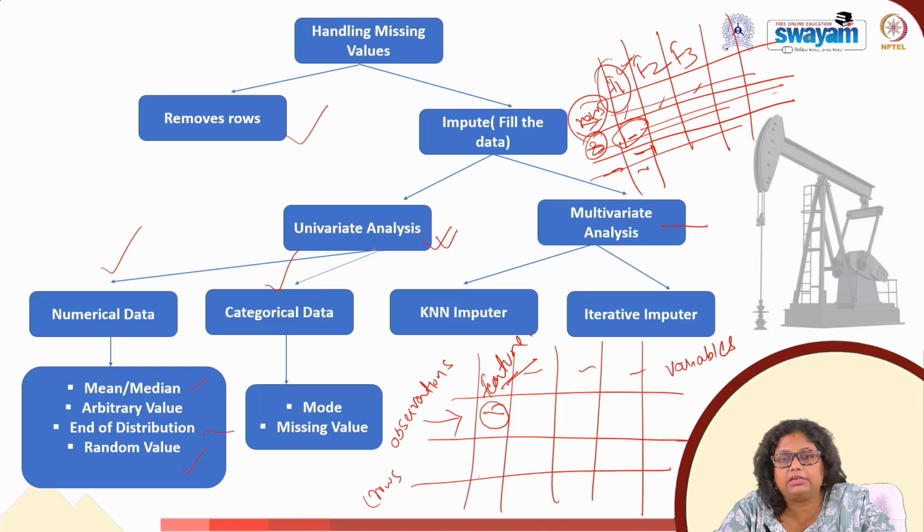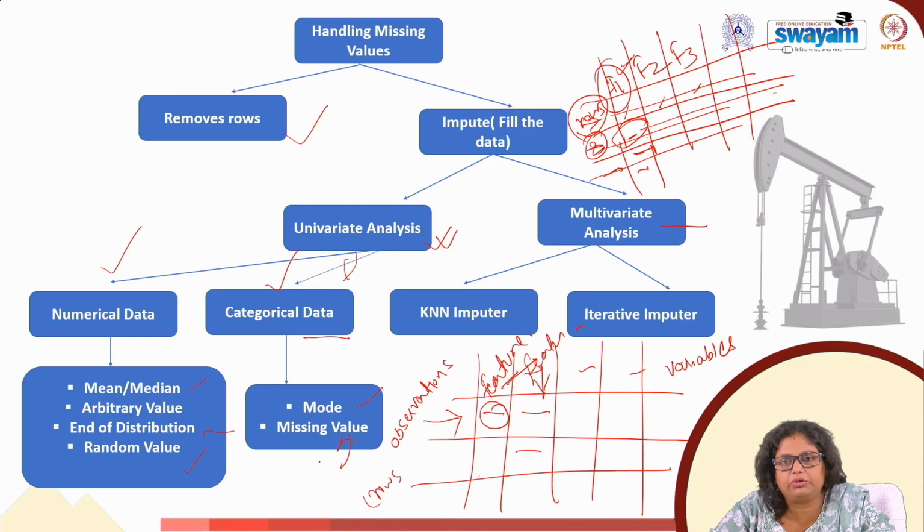The other data type under univariate is categorical data. If feature 2, the next feature, is categorical in type and has some missing values in the column, we can replace them with the mode, that is the most frequent occurrence. Another option is to simply mark it as missing value, letting our algorithm know that this feature has missing values and is categorical in nature.